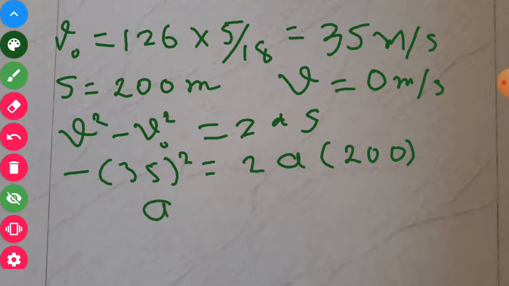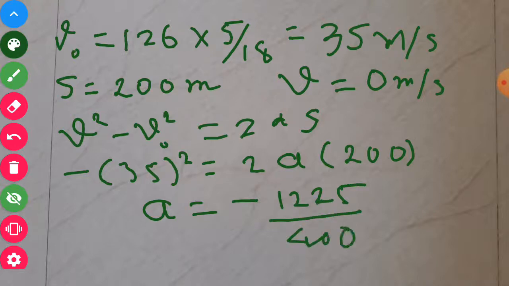So the acceleration will have a negative sign: minus 1225 divided by 400, and that value will be close to minus 3.0625 meter per second square.